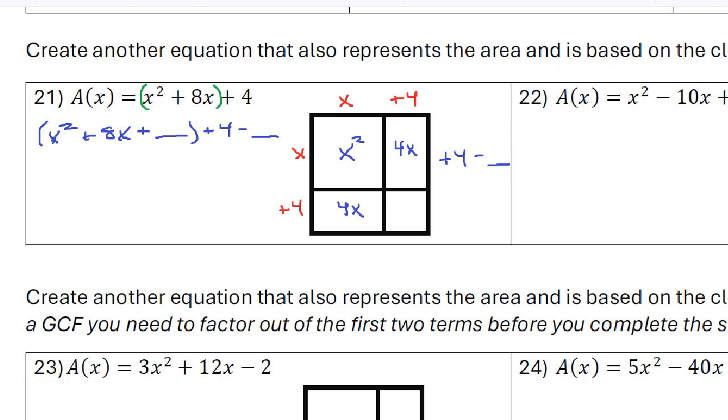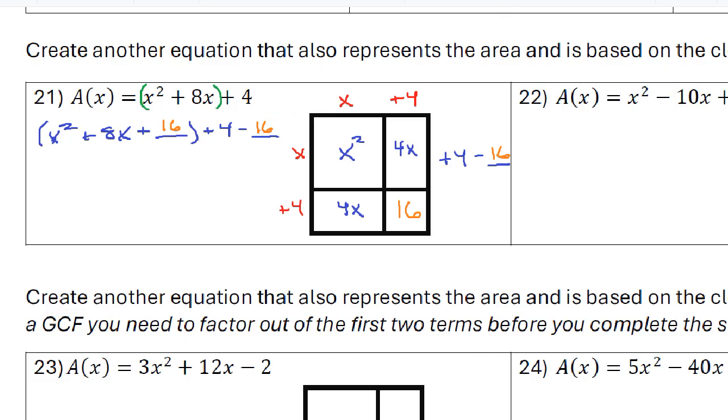Okay, now let's take a look at our diagram. To get a perfect square from these two terms, I'm going to have to actually find the value in this lower right corner. 4 times 4 is 16. So class, you're going to add 16 to make a perfect square here. That means you need to subtract 16 on the outside.